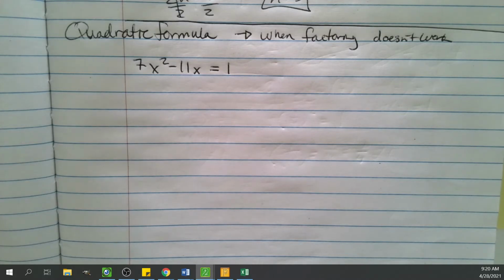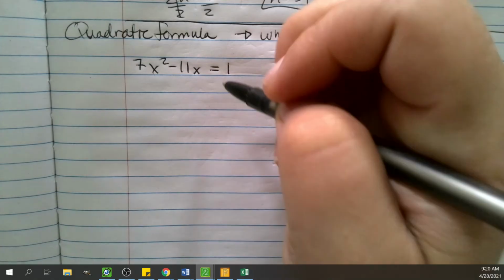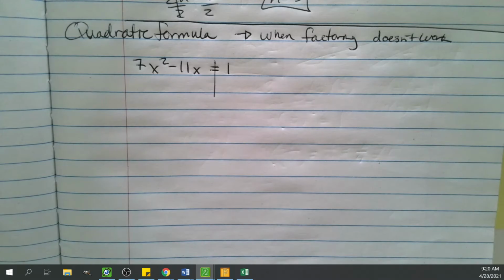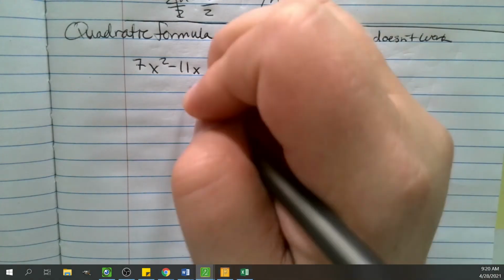Anybody? No. Moses, are you okay? Moses, if you need a break, it's okay to get up, move around, walk around, go get a drink, something. That's okay. What do I need to do to get this in standard form? Yeah, subtract 1 from both sides.